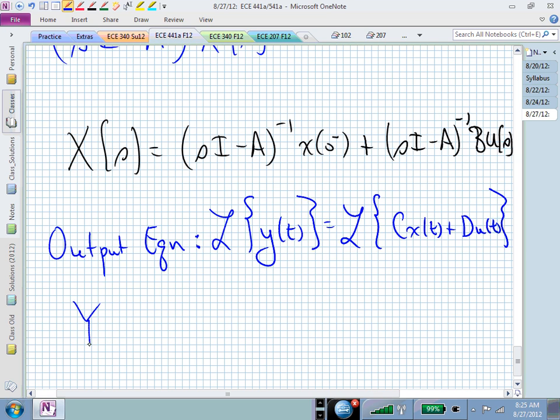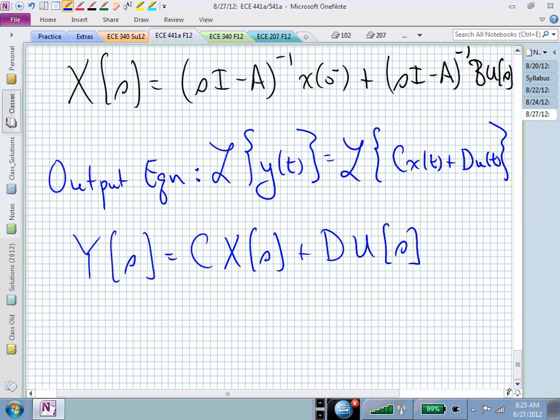And that now says that Y(s) is equal to CX(s) plus DU(s). Since everything is at the same time, that's a pretty clean transform. Now what I'm going to do is replace that capital X with what I just found it to equal up above from the dynamic equation.